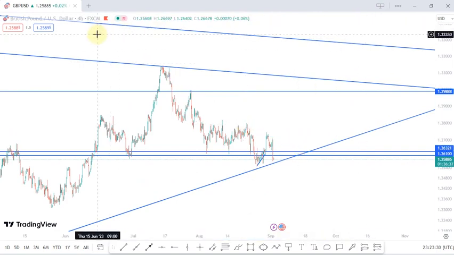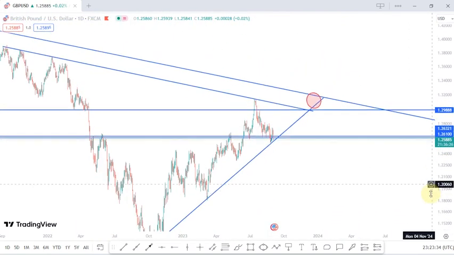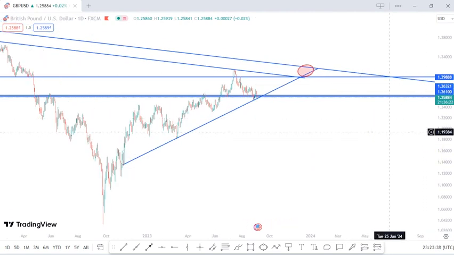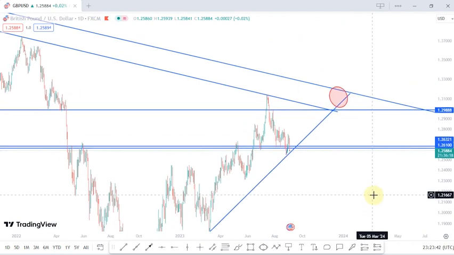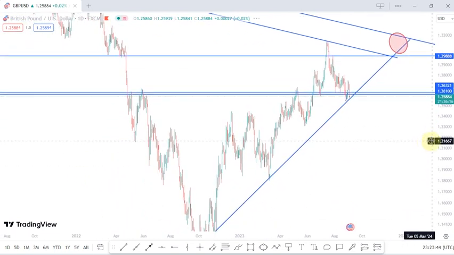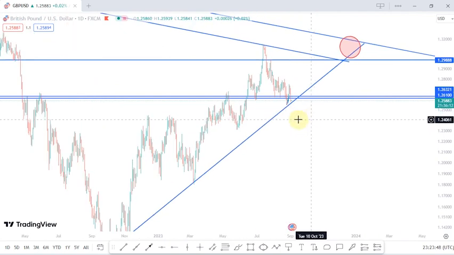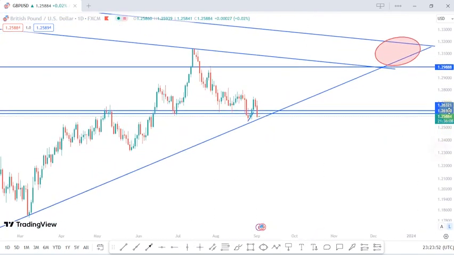If I go to the daily time frame, we can see that price is on this upward trend line. What is price trying to do on this upward trend line?